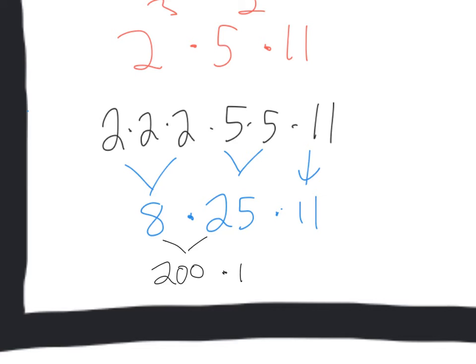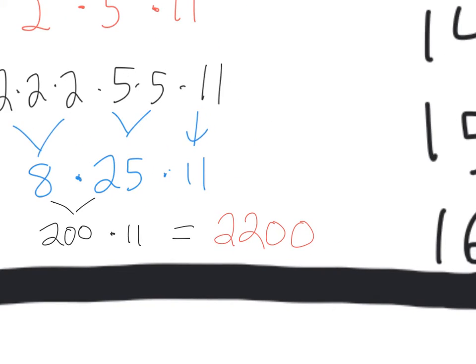And 200 times 11, well, I can just multiply 11 times 2, which would get me 22, and then I can attach my 2 zeros on the back. So that is about 2,200 miles based on the word problem. Okay, let's check out number 9.